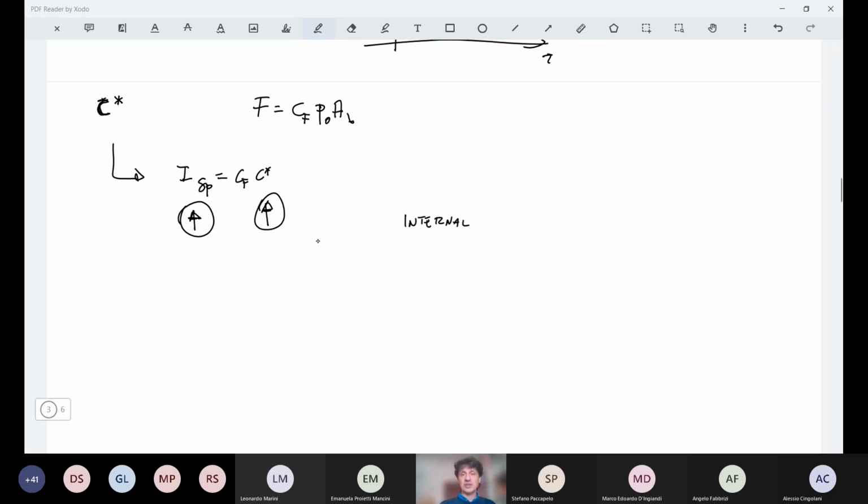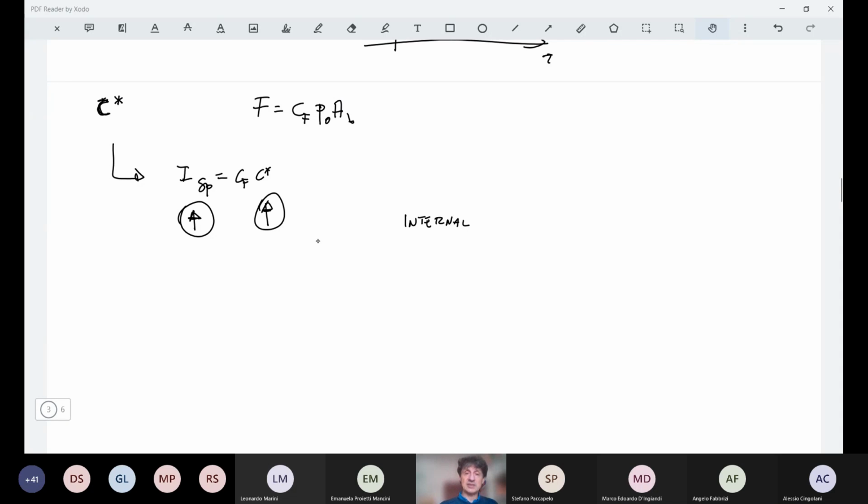as a starting point. We have something which is stored in tanks, as a solid or as a gas, and it has some internal energy that characterizes this substance.